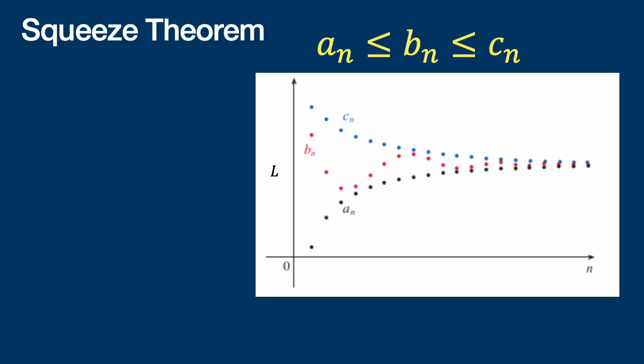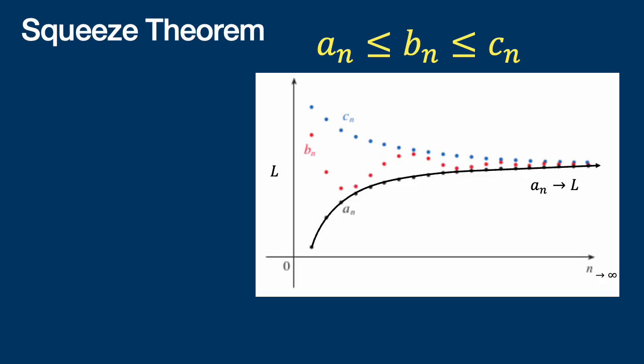Now, let's check the behavior of An as n approaches infinity. An gets close to L, meaning An approaches L as n approaches infinity.